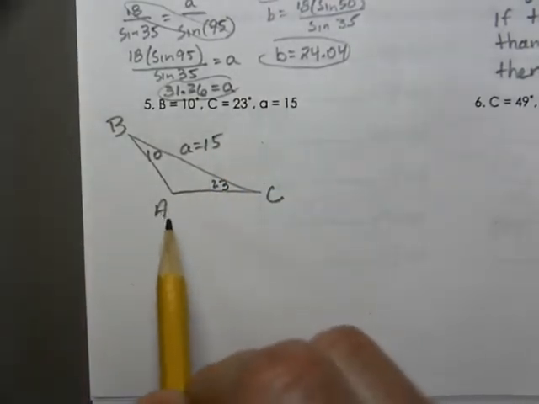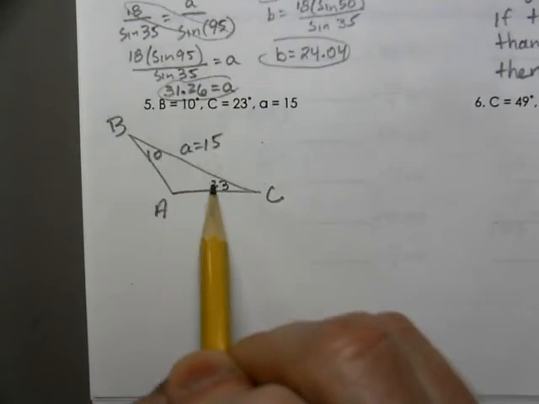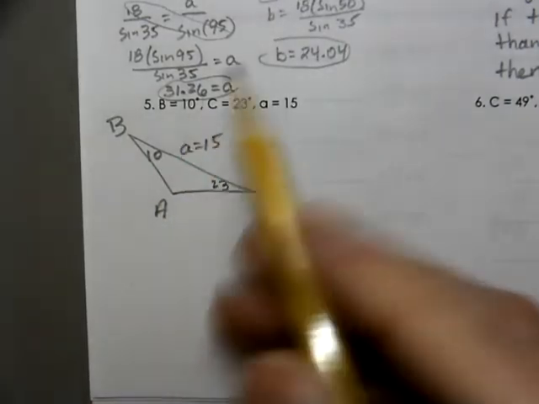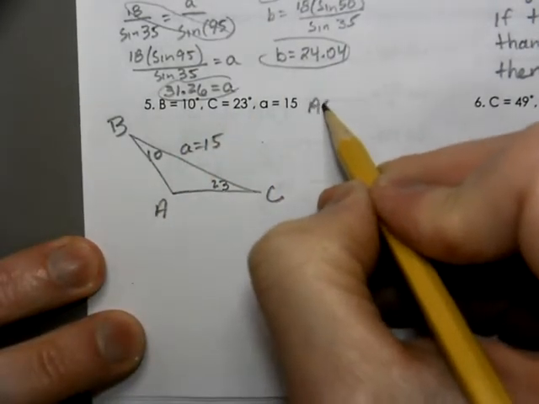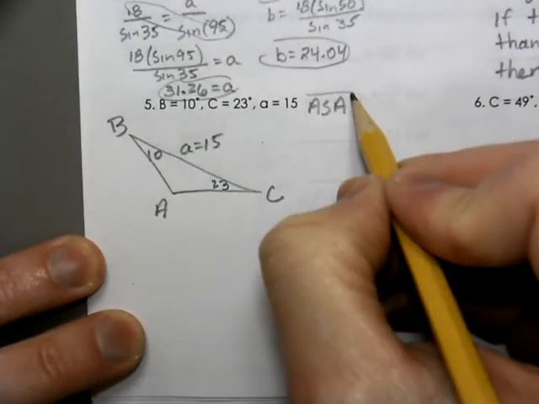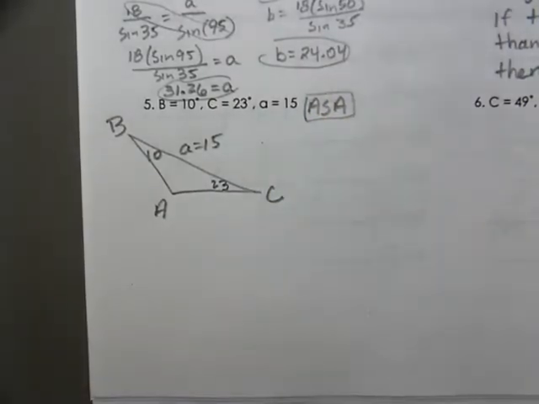So notice that they're giving us an angle side angle. Since they gave us angle side angle, we don't have to worry about how many triangles there are. We only worry about that with side side angle. So no need to look at the chart from our notes.